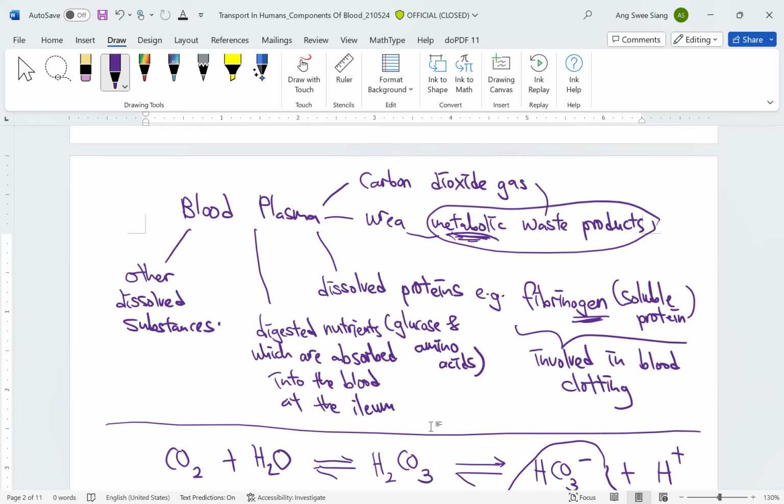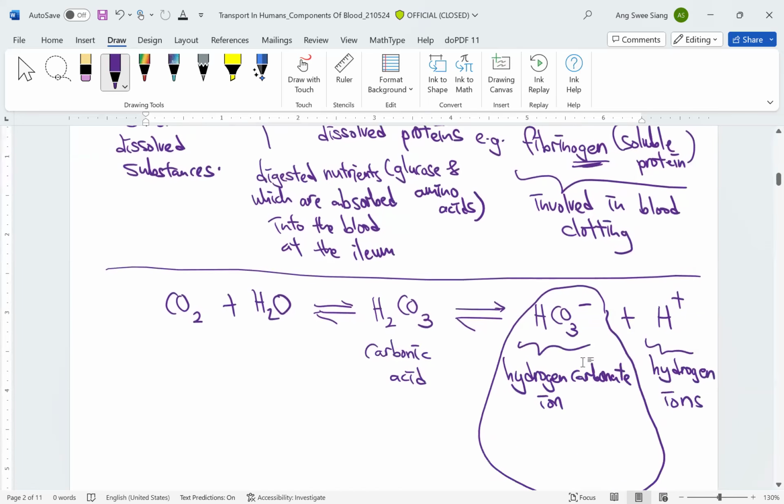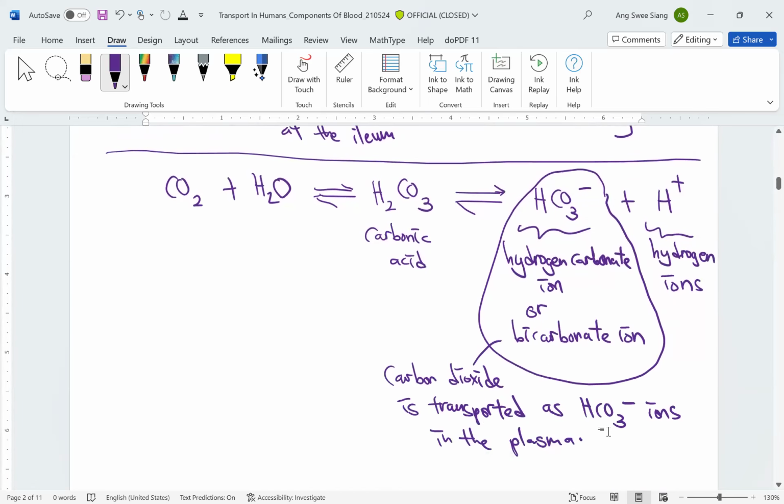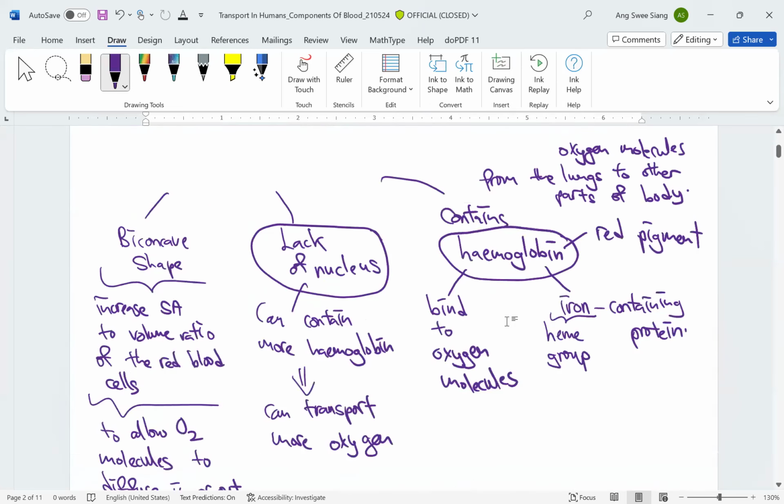Then dissolved proteins, fibrinogen, okay, all these things. So we are done with the blood plasma part also. The main thing that I want to focus on is this bicarbonate ion. So you need to know carbon dioxide is transported in the form of bicarbonate ions in the plasma, after it dissolves.